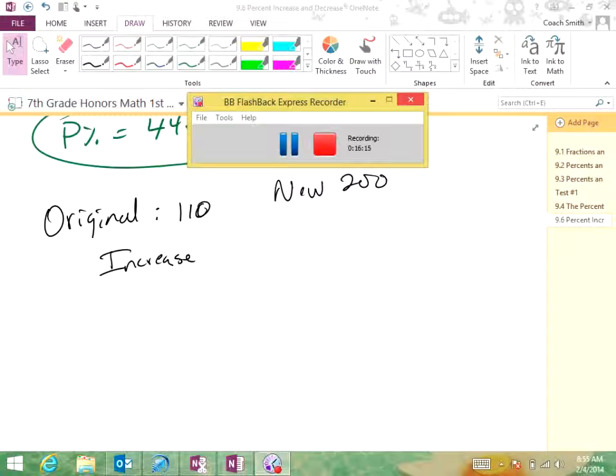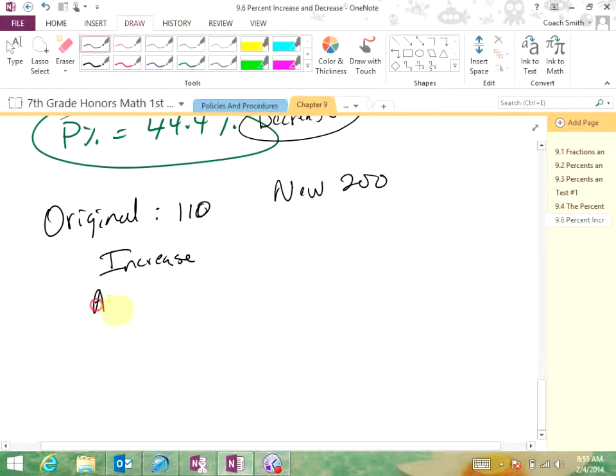All right, so let's look at it. First of all, we have to figure out the amount of change. So the amount of change here would equal 200 minus 110, which is 90. Now, here's where you might have messed up.